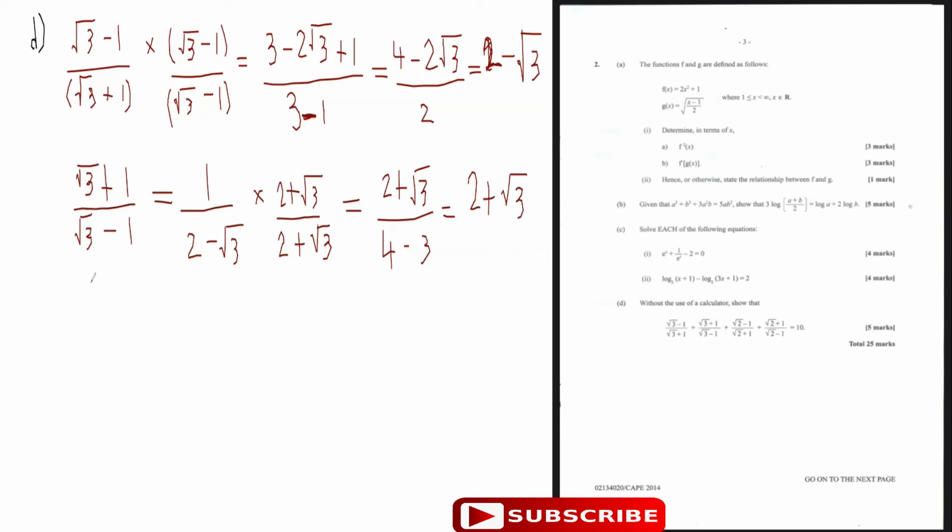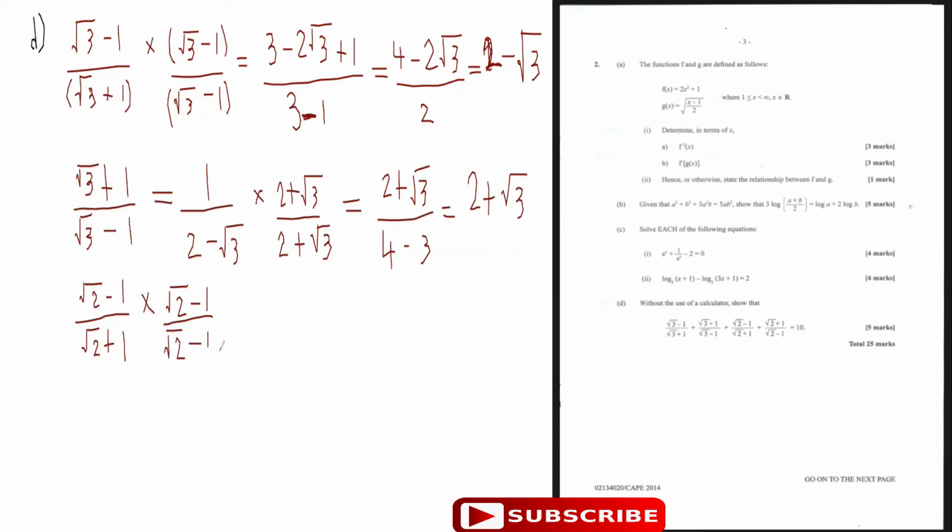Now I need to work out what is the root of 2 minus 1 over the root of 2 plus 1. All I'm going to do again is multiply by the conjugate of the denominator. What is the conjugate of the denominator? It is root 2 minus 1 over root 2 minus 1.